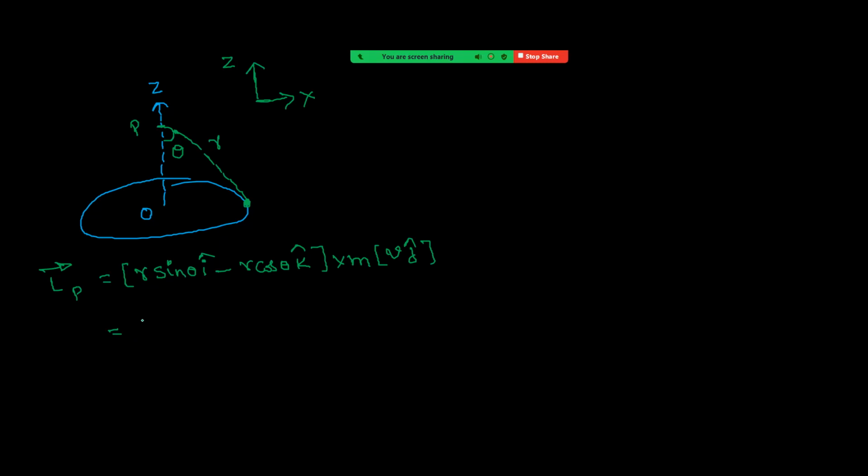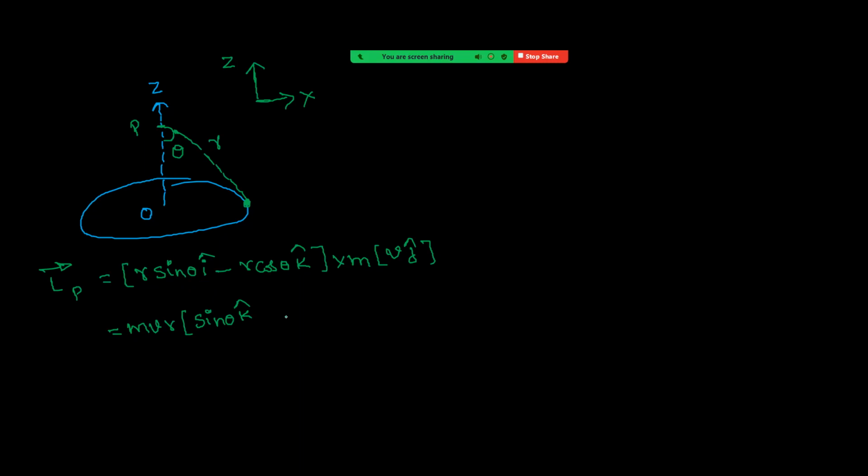Now see the calculation. We can take m and v outside. Remaining is i cap cross j cap, that is k cap, giving sin theta k cap. Next, k cap cross j cap means minus i cap.